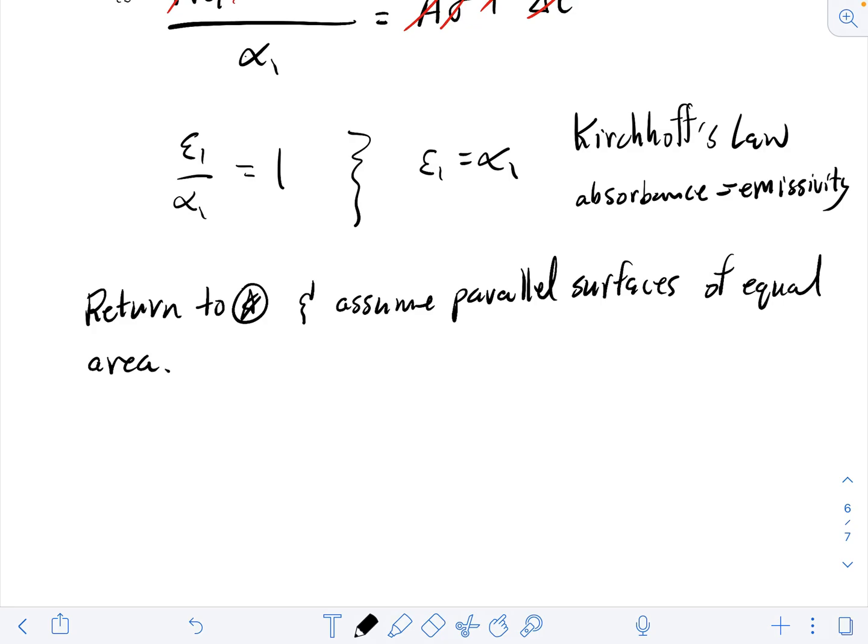But now we're not going to make the temperatures equal. They're going to be at different temperatures, and we can calculate the transfer of heat from one surface, from the hot surface to the cold surface.